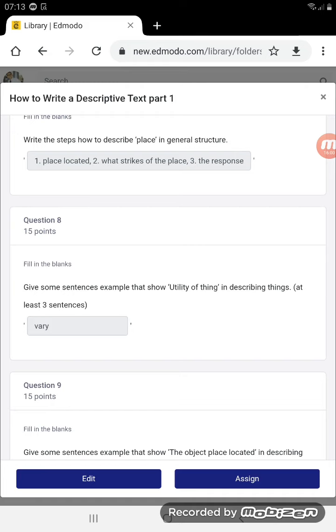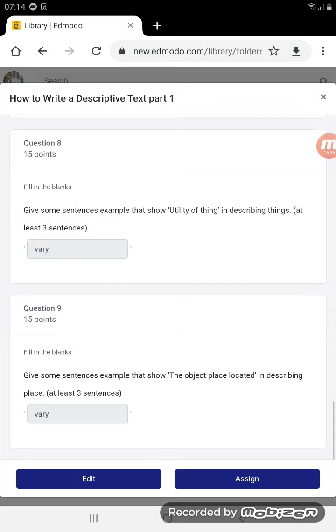Okay, I have a laptop and it is very, very useful for me. I can watch video on the laptop and I can type everything I like and I can browse on the net. Those are the examples, right? Utility of things, kegunaan. Everything you can describe here, but the answer must be utility of things.